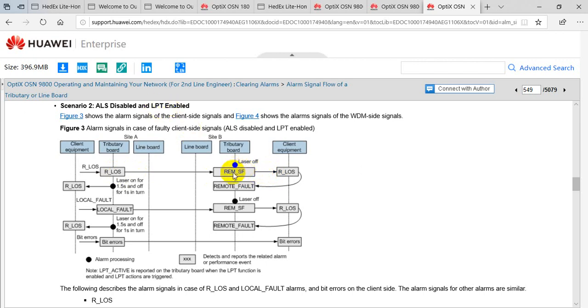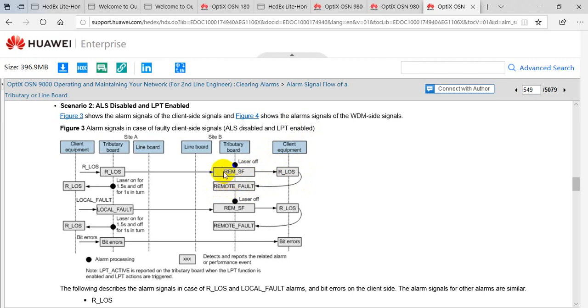So by using LPT, if there is a remote SF alarm, the laser will go off. So there are conditions of triggering LPT, and remote SF is one of them. So once, because of remote SF, the laser is off, at this end there is no signal, so R loss. So R loss or local fault, the trigger back is the same, so it will be informed back as a remote fault.